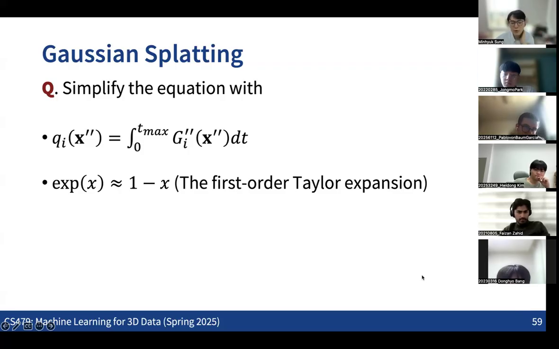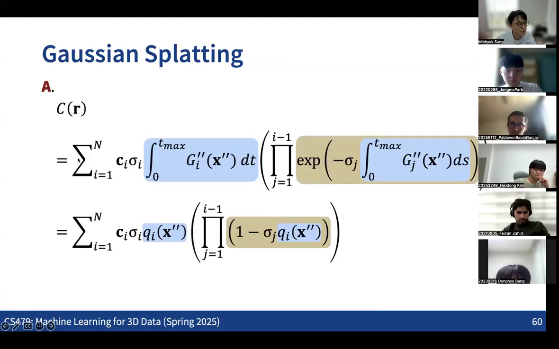I recommend you do your own hands-on work for this. We will see that after using those two things, the approximation and the new terms, the whole equation can be simplified in this way, replacing the integral term with qi and the exponential with 1 minus x. After converting everything this way, it looks quite simple.